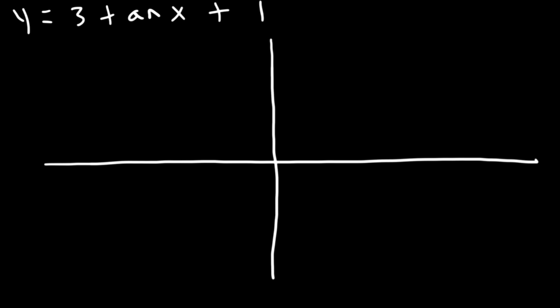So there's no phase shift, and the period is still pi. The standard vertical asymptote for tangent we know exists at pi over 2 and negative pi over 2. So there's a lot of space in between. So let's go ahead and plot the vertical asymptotes.